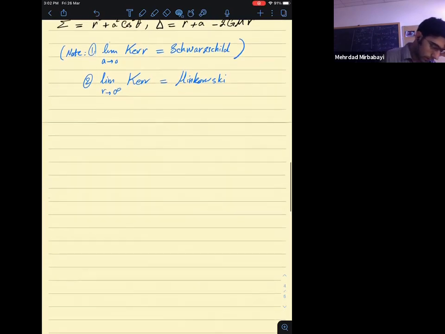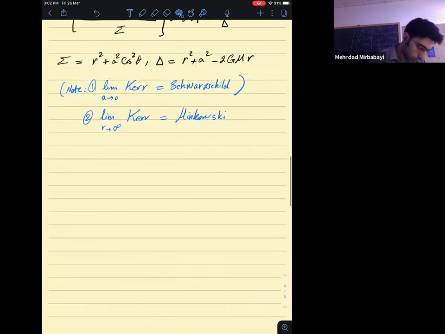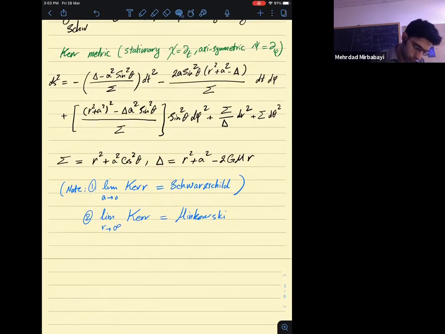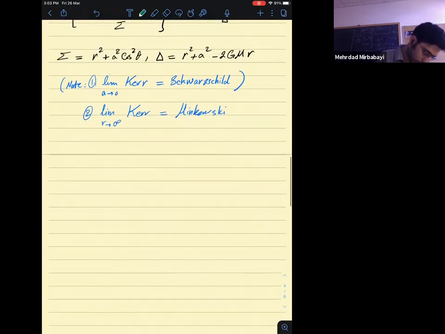So it has a horizon. That's why we call it a black hole. It has a coordinate singularity, first of all. This has a coordinate singularity when delta goes to 0.